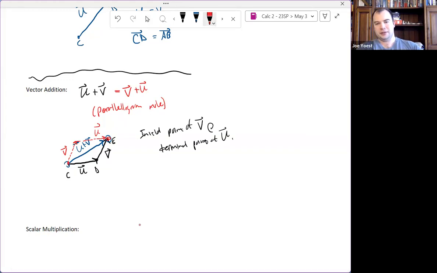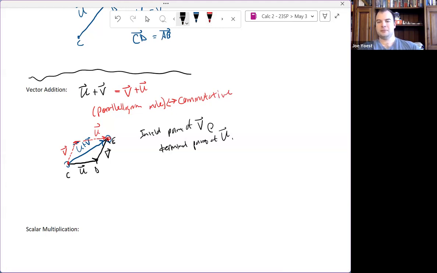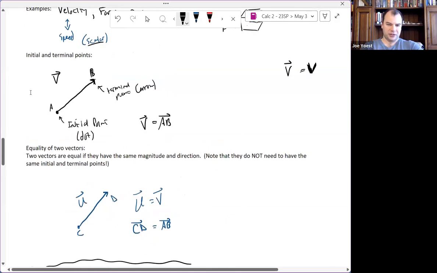Another way to say this is that vector addition is commutative. We're in this new algebraic structure. We have seemingly very strange ideas of equality and so on.